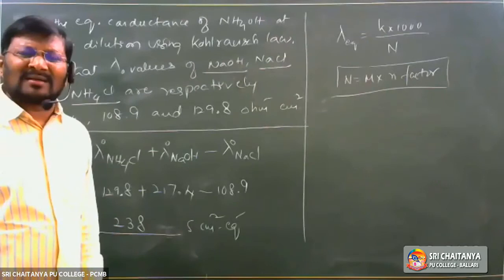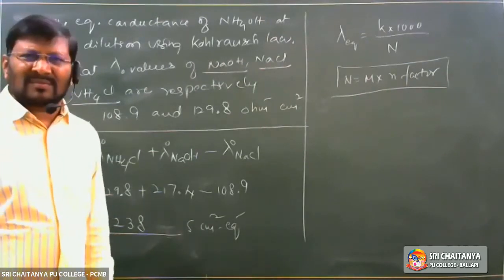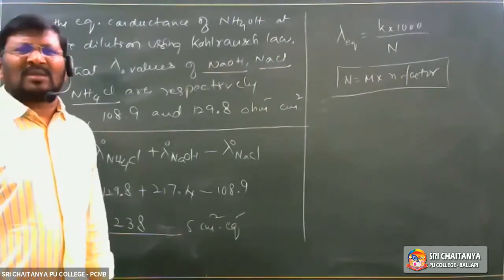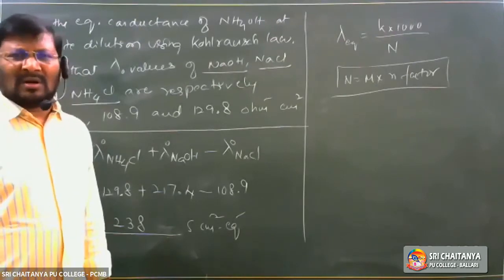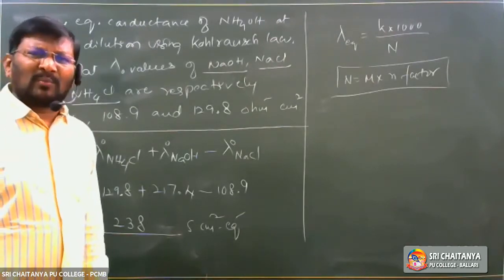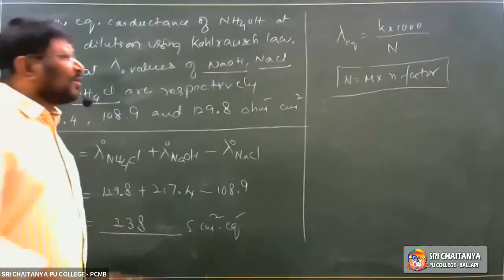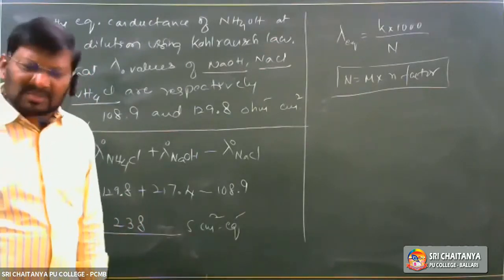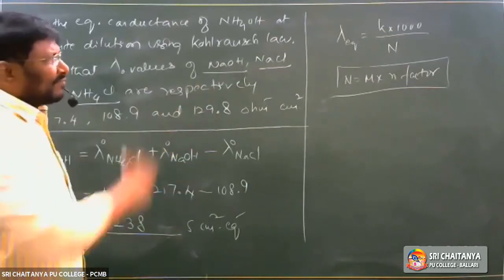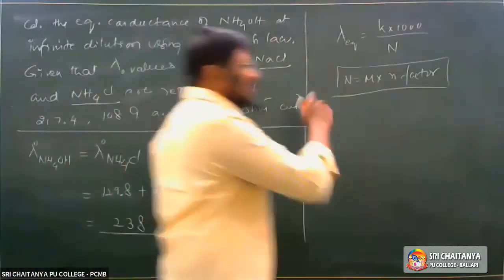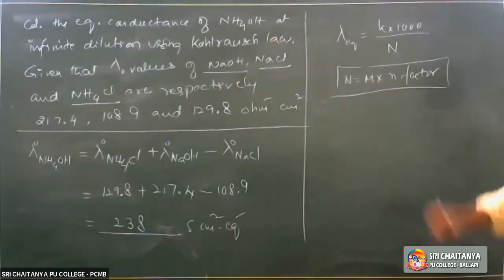If it is a salt, the charge, just the magnitude: how many units of charge will be produced by either total cations or anions from one unit of salt. Please remember this. Now let me move to the next problem.